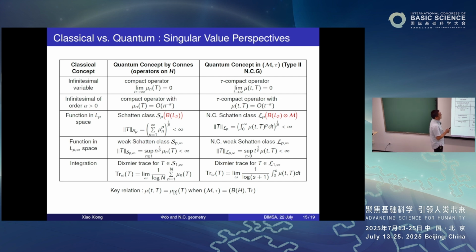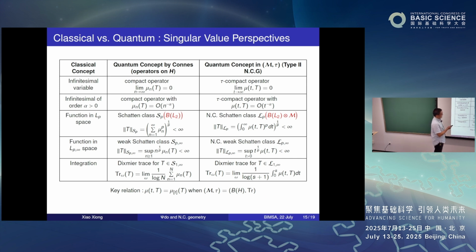So in the quantum case, or at least in the previous two results, we are looking at operators on some Hilbert space, say L2 on R^d or L2 on T^d. So in that case, when we look at a compact operator, then the limit is 0, and the concept compact corresponds to infinitesimal in the classical case.